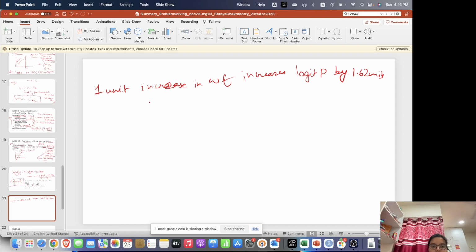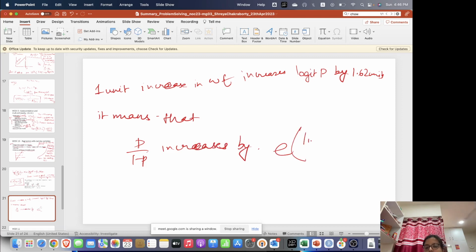So it means that P by 1 minus P increases by e to the power of this 1.62 units. So what is e to the power 1.62?